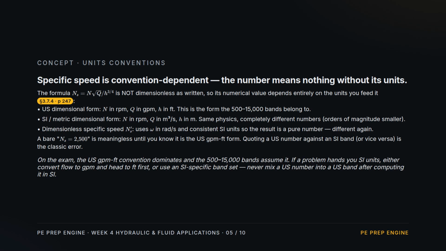And a third, truly dimensionless form uses angular velocity in radians per second, different again. So a bare specific speed of 2,500 means nothing until you know it's the US form. Quoting a US number against an SI band is the classic error. On the exam, the US convention dominates. So convert flow to GPM and head to feet first.